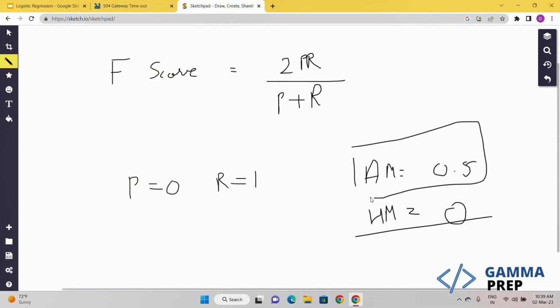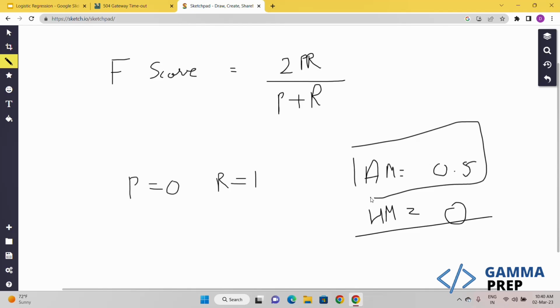That's why we go for the harmonic mean, because we want both the precision and recall to be high. Whenever precision and recall both are high, only then will our F score be high. Even if one of them is low, our F score is going to be low. So if we have a high F score, we can say precision and recall both are high.